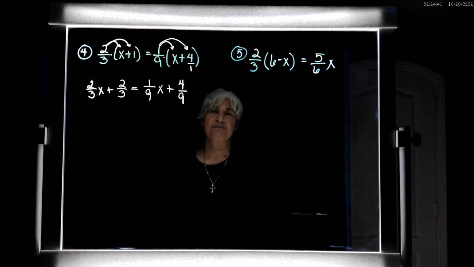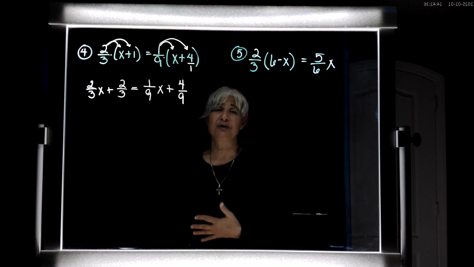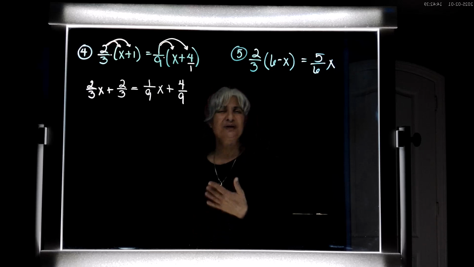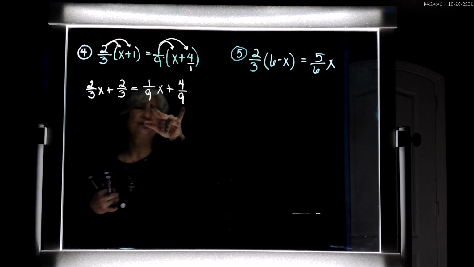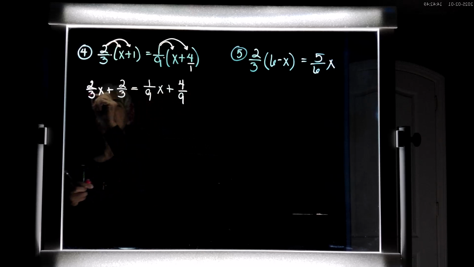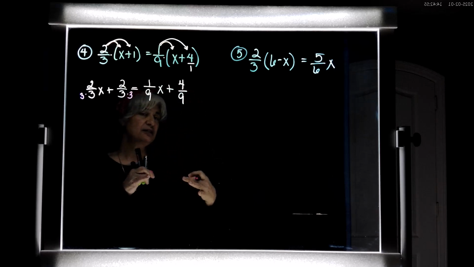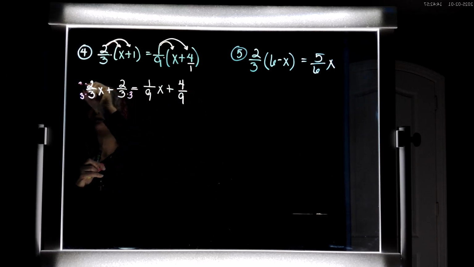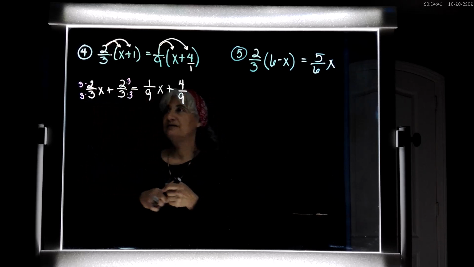All right. But I've got fractions. And they don't all have the same denominator. And I want them to have the same denominator because, as we've already seen, it's a lot easier when they have the same denominator. Are you with me? All right. So what's the common denominator between a 3 and a 9? Yeah, a 9. Which means these two are okay. These two we need to adjust. So on both of these fractions, we have to multiply the denominator by 3, don't we? And if you do it to the denominator, you do it to the numerator. And here we are. All right, so let's see.